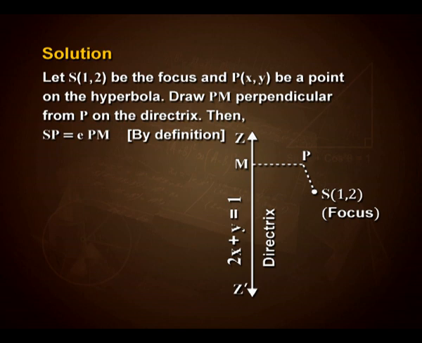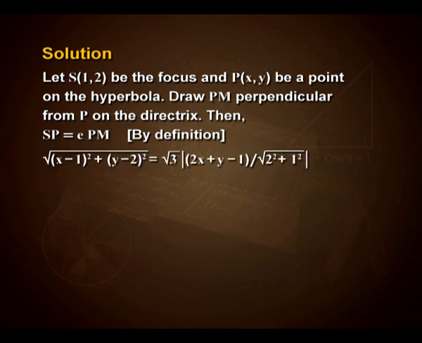Now, using the distance formula we have square root of (x minus 1) whole square plus (y minus 2) whole square is equal to root 3 into (2x plus y minus 1) upon square root of 2 square plus 1 square. On simplification we have (x minus 1) whole square plus (y minus 2) whole square is equal to 3 into (2x plus y minus 1) whole square divided by 5.